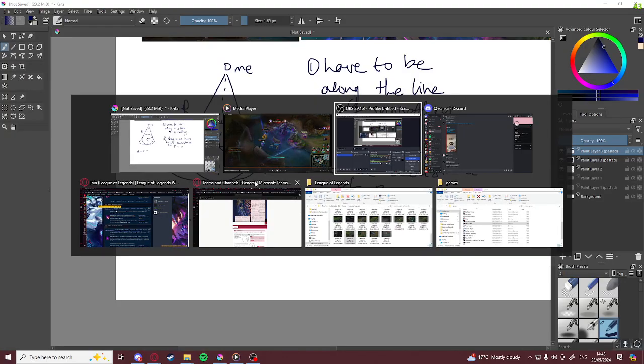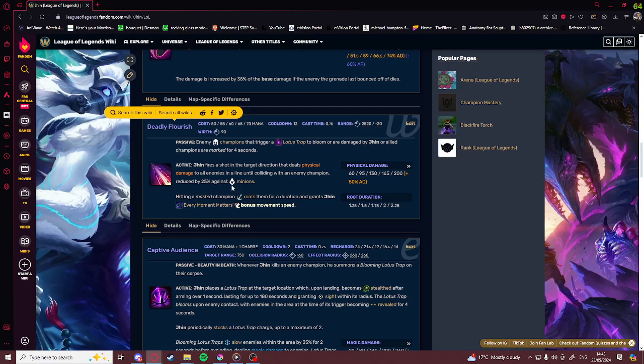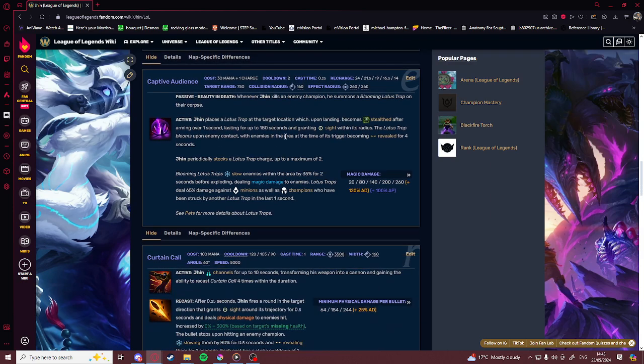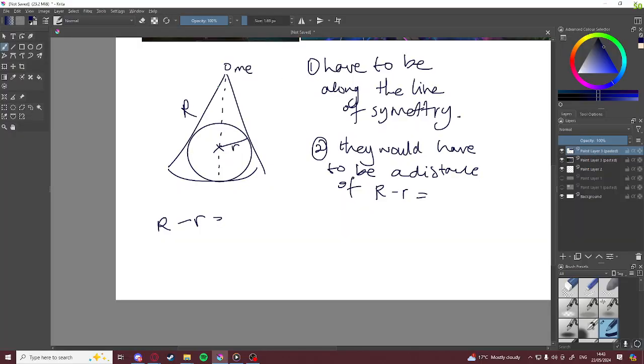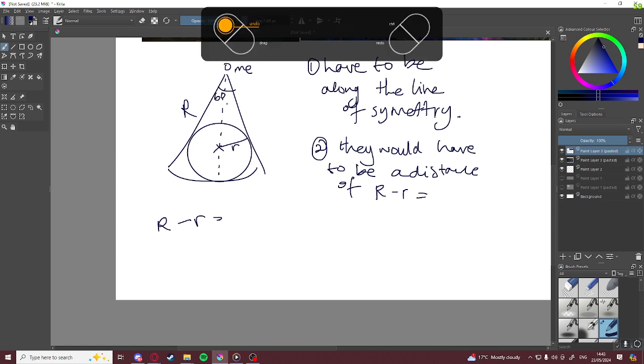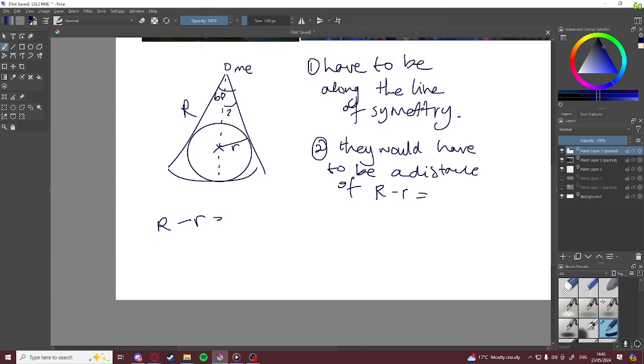So let's go into the Wikipedia, and let's go to my ultimate ability, Curtain Call. The angle of the sector is 60 degrees. And so therefore, because this is the line of symmetry, this little angle here would be 30 degrees.